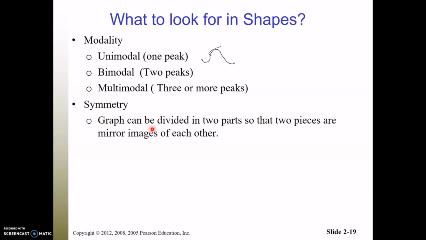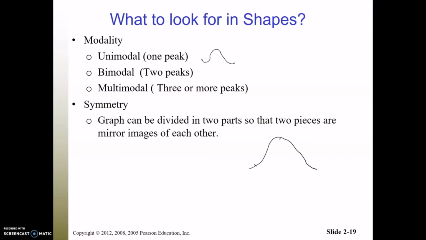The next thing you need to look for is symmetry. Symmetry means I can divide the distribution shape into two parts so that the two parts are images of each other. Let me show you what I mean. Look at the shape of this distribution. It looks like a bell shape, right?